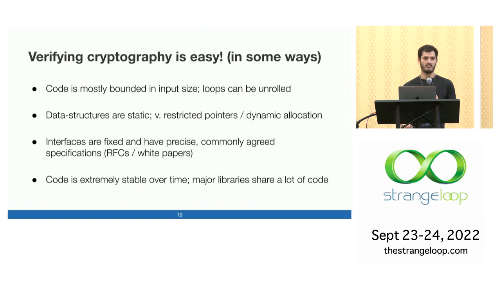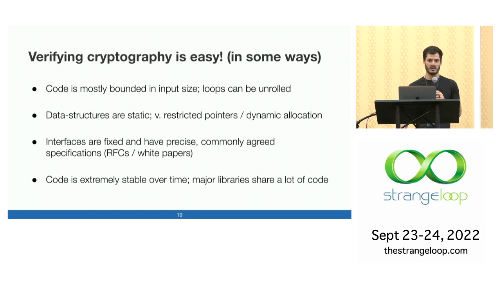If you think about what Mike just showed us about HMAC, there's a really clean description of what an HMAC should look like. If you think about a piece of software you work on from day to day, you might not be able to come up with such a nice one-line specification of what it should do. In cryptography, there's usually a very specific design, and everybody in the world is trying to implement that design. So that gives us a really clear target for verification.